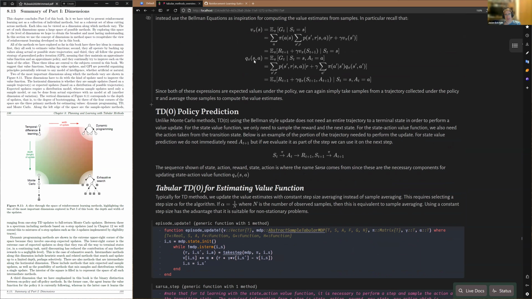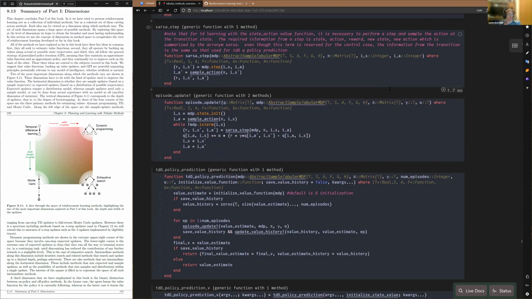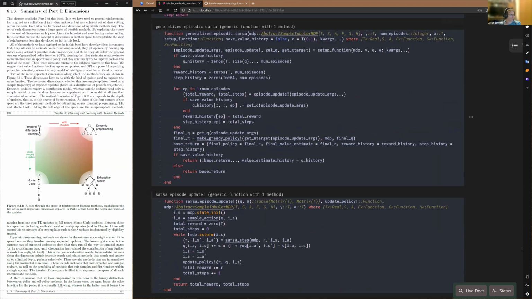So now we're doing generalized policy iteration, but we can actually update the value function and the policy every single step of data that we collect. As soon as we do one of these steps, we'll update Q(s,a). And then from that, we can recompute the optimal policy at state s using the updated state action values. And that's what happens in SARSA.